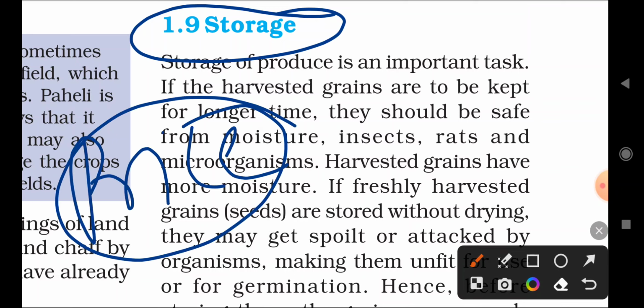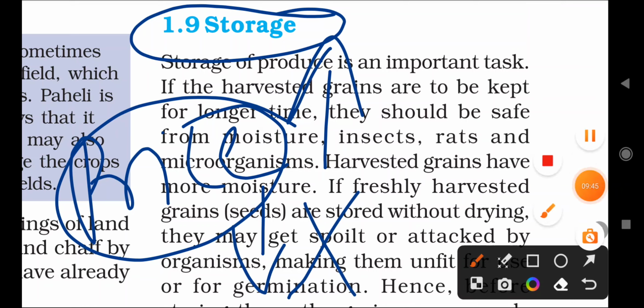If the seeds are healthy, the price will increase. If the seeds are damaged and eaten by insects, rats or microorganisms, the price will decrease. Due to this, they are stored in a storage room or godown, to protect the crops in the best way.